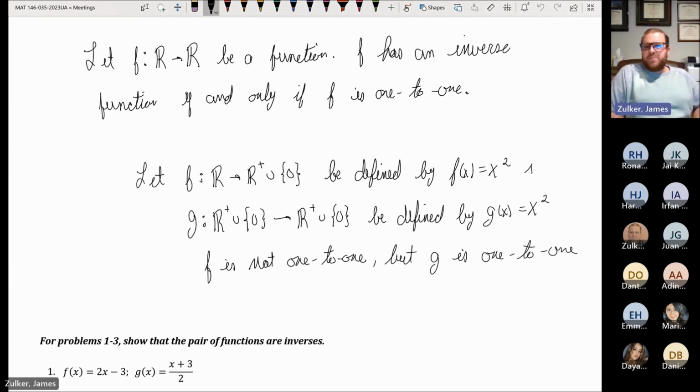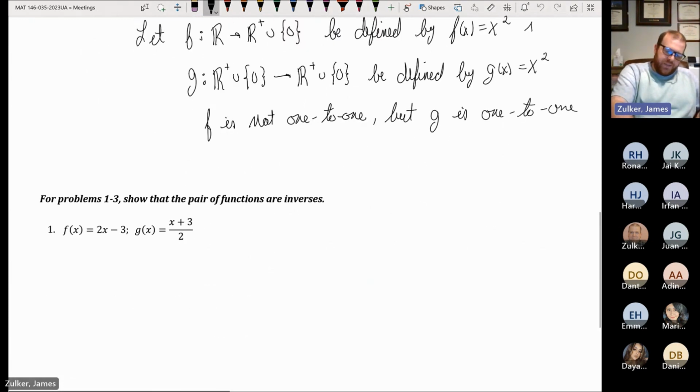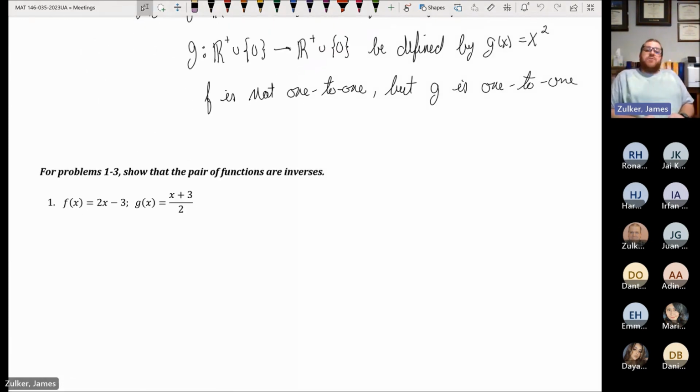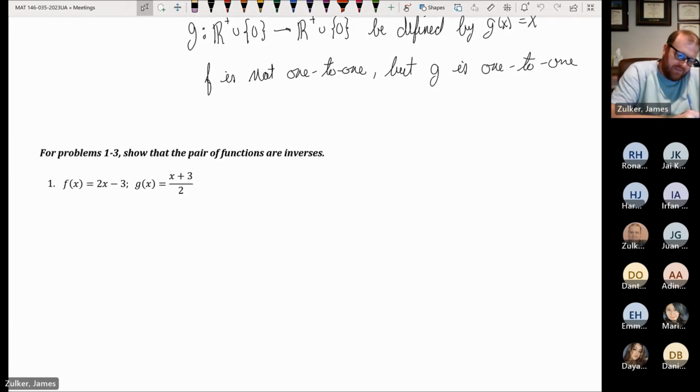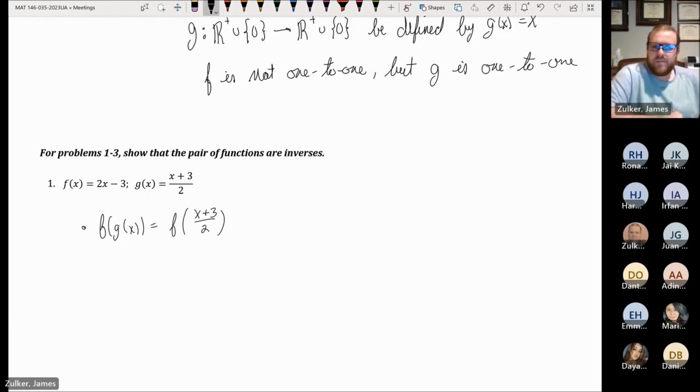For the first 3 problems, what we want to do is show that the given pair of functions are inverses. Right, that means first thing we want to do is show that f of g is equal to x. Right?